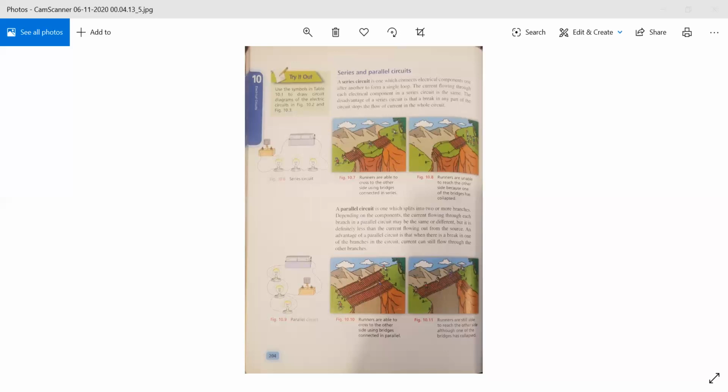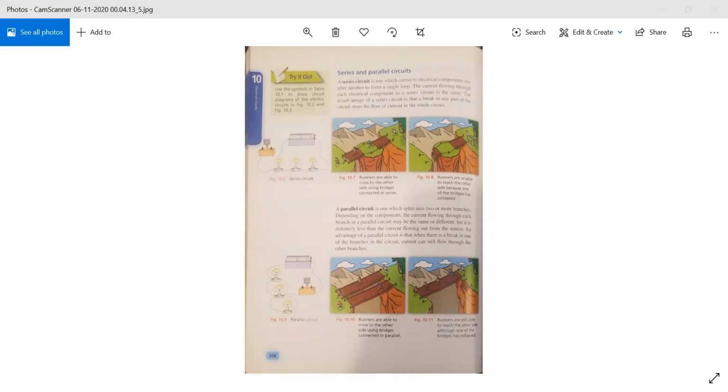For example, you can see in figure 10.6 that the bulbs are placed in series and only a single wire is attached to them. It has a disadvantage: if any part of the series circuit stops, then the whole circuit will stop working. It means the whole circuit will stop the flow of current.